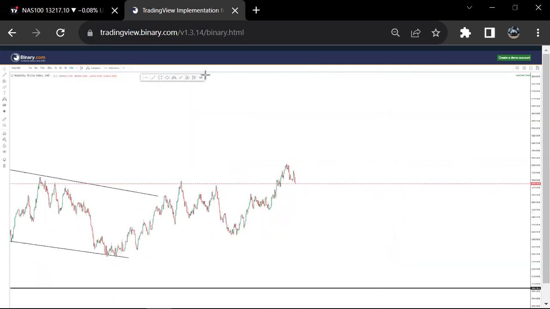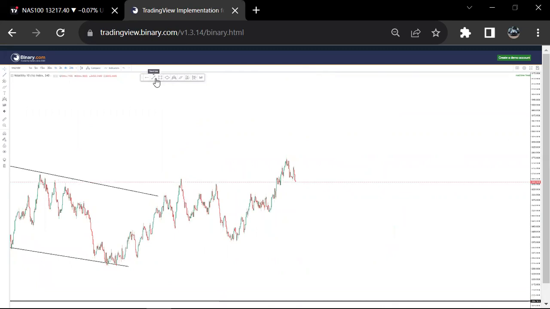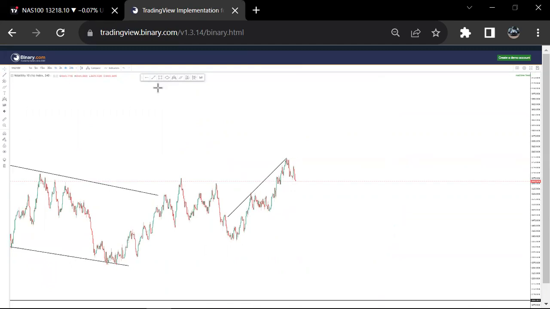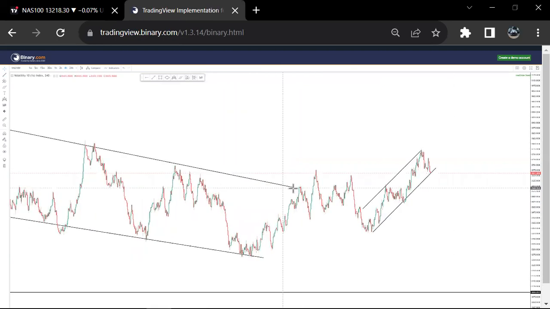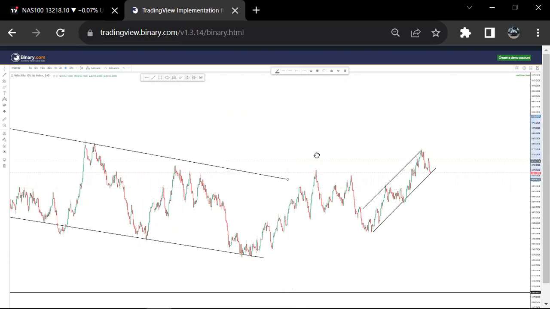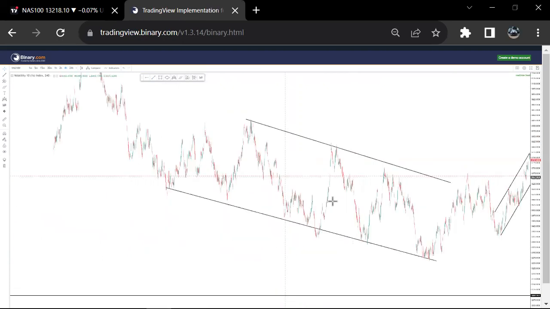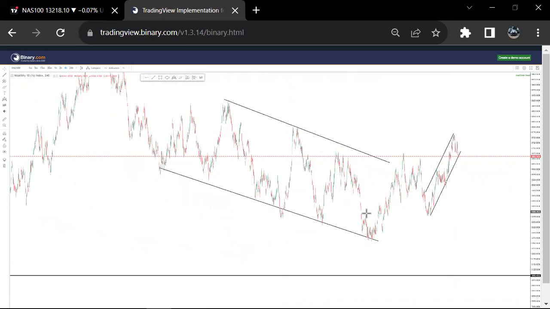Me being on the 4-hour, guys, it helps me. 1, 2, 3. 1, 2, 3. So right now, what I'm waiting for is price to break that certain level, you know?